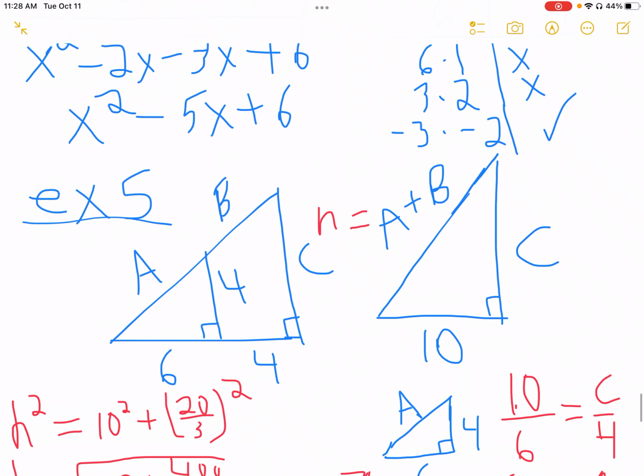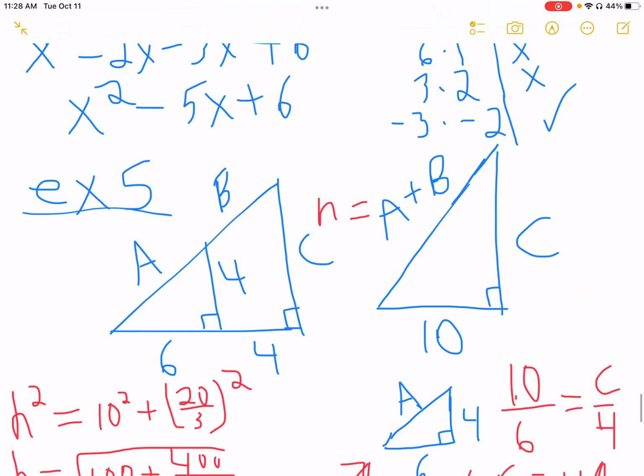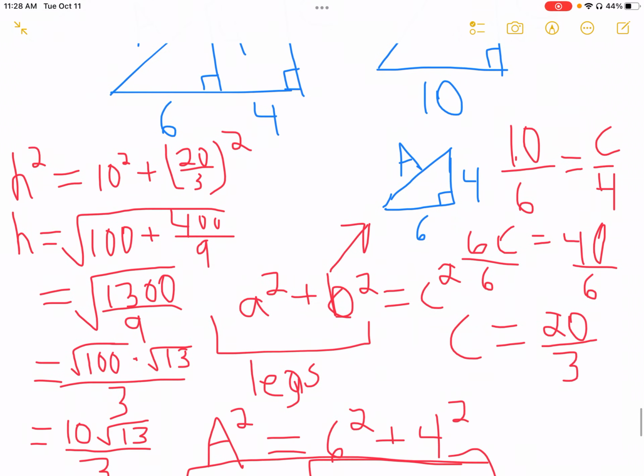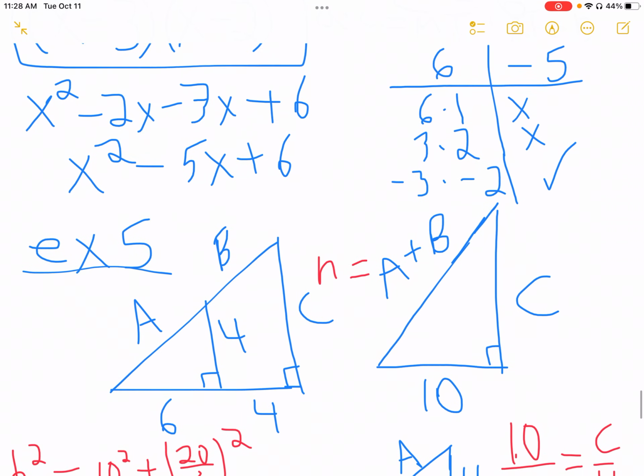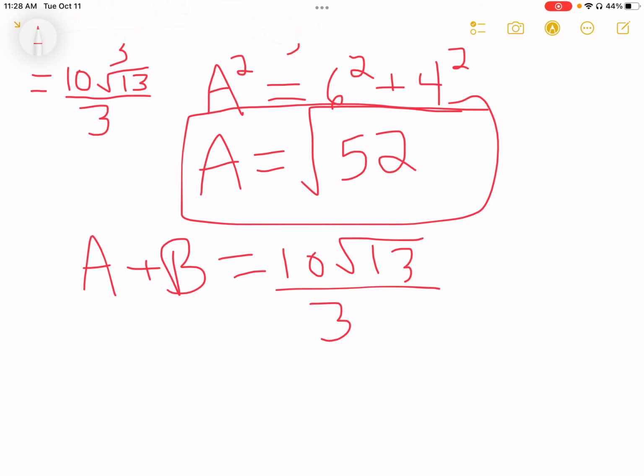Because if we go back up here, my a plus b, I was just calling this my h just to make it simple, or give it a name actually, right? I was giving it names just so that I could keep track of it. So if I want to solve over here and I say, okay, that means that this is square root of 52, and they still want me to find b, so I say, okay, that's b equals 10 square root of 13 over 3.